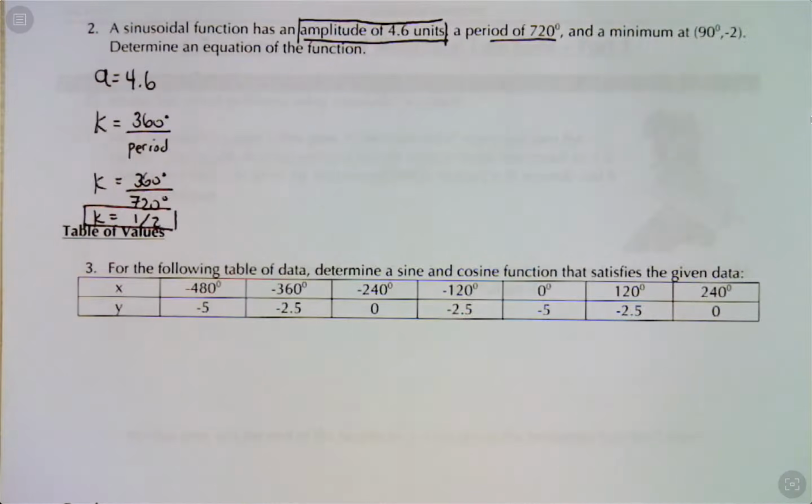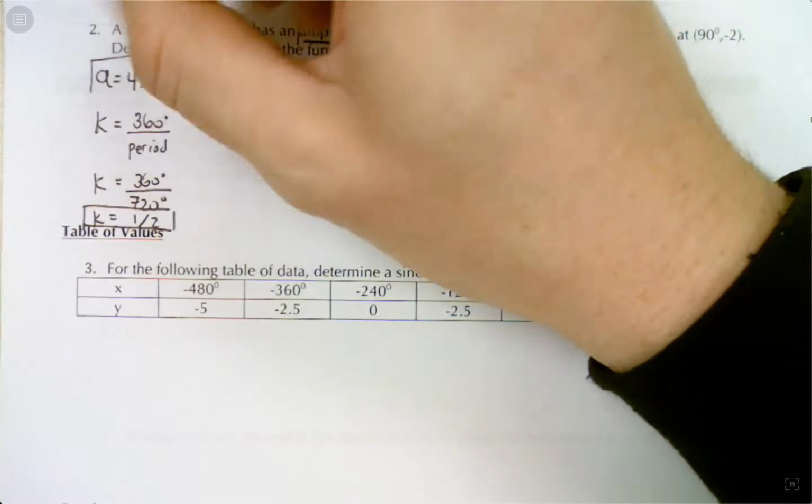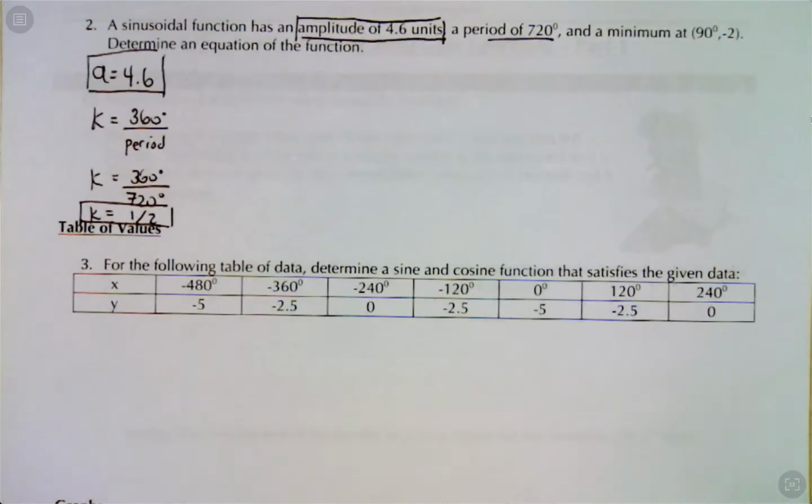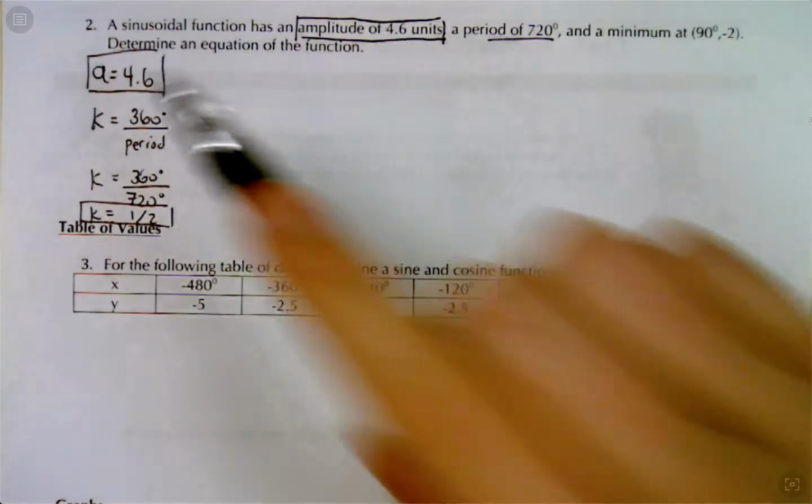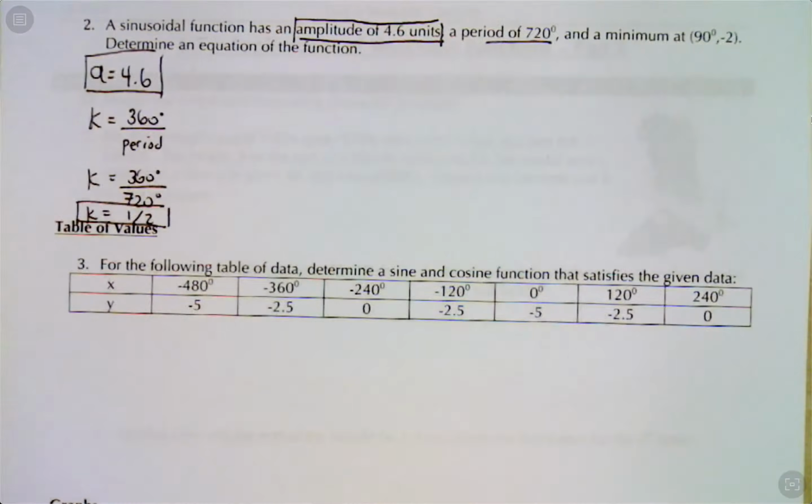So what's that mean? Well, the C value would be in the middle of the graph. And if we know the amplitude, we know how far up from the minimum we would need to go to get to the middle. And if we go up another amplitude, we get to the max. So we can use the amplitude here to find the middle and the maximum. Now we don't need to find the maximum, we just need to find the middle.